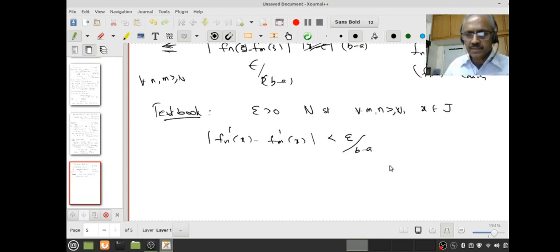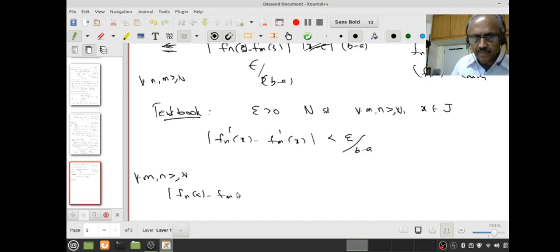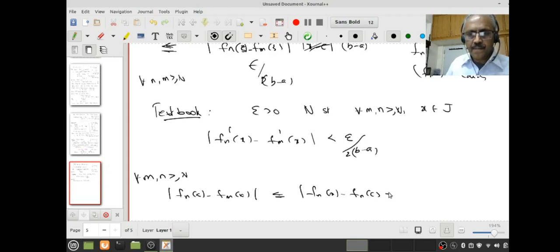Alright, then for all m, n greater than or equal to N, |fn(x) − fm(x)|, let us make it 2, I will tell you why 2, this will be less than or equal to |fn(x) − fn(c) + fn(c) − fm(c) + fm(c) − fm(x)|.